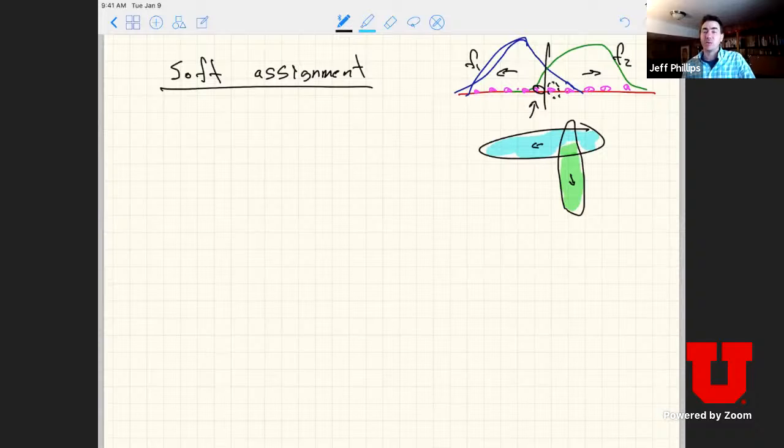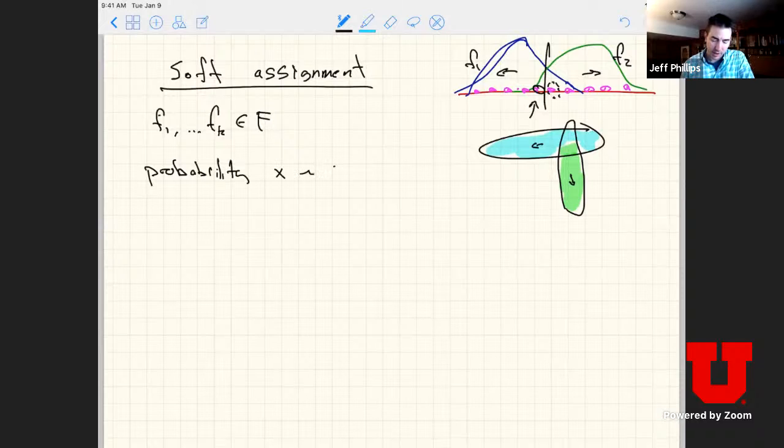We can actually write down, given these functions f1 up to fk from f, the probability that x was from each fi. I want to figure out what this probability is.